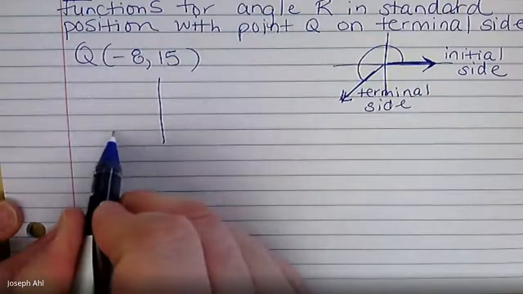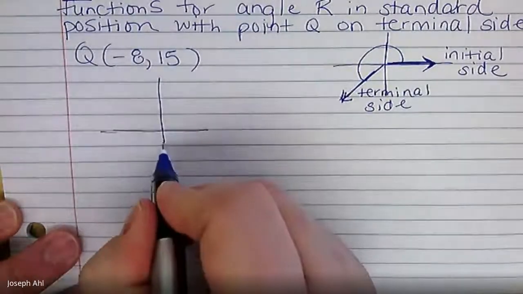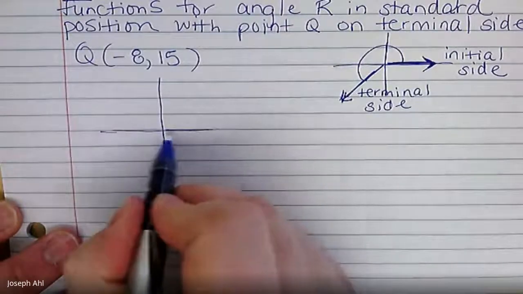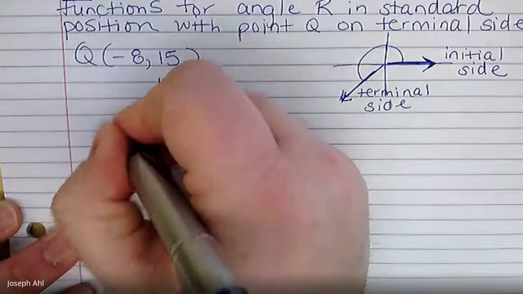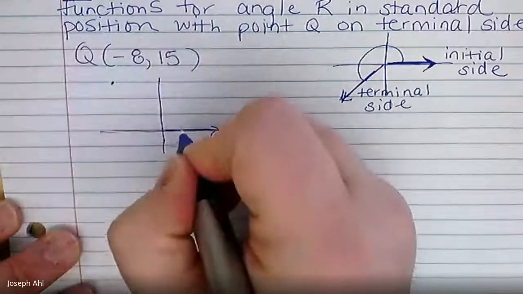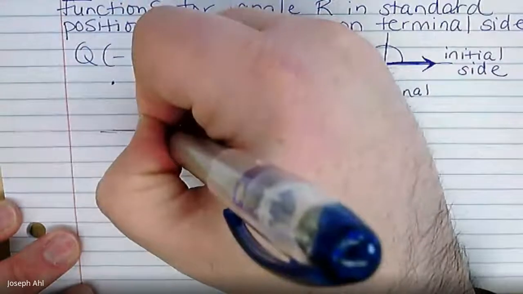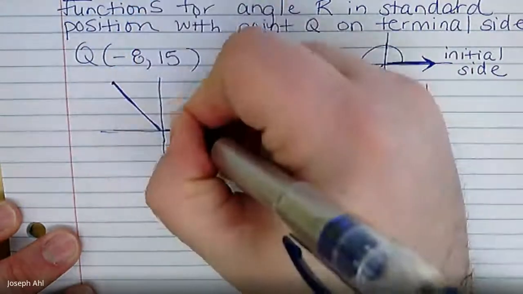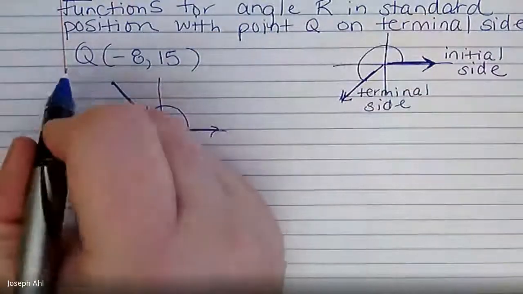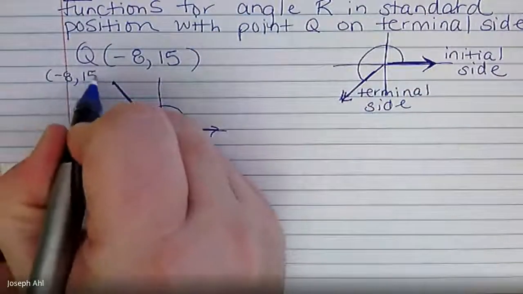If you were to sketch a picture here, we would start with the initial side on the x-axis and rotate into quadrant 2. I'm going to stop such that when I draw the terminal side right there, rotating around this way, that terminal side goes through the point (-8, 15).